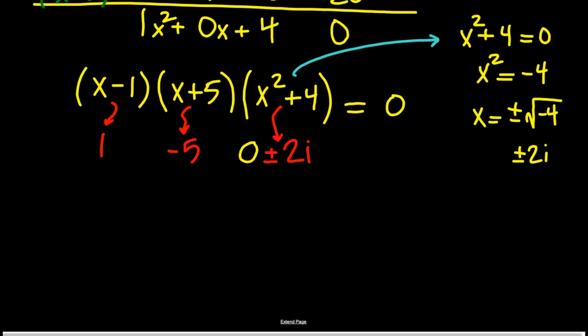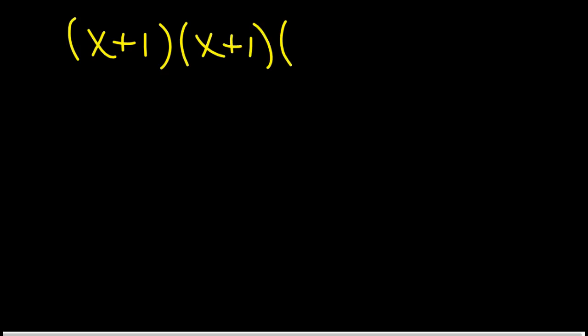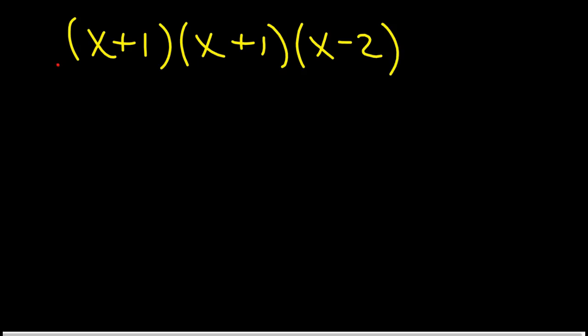All right. There's a couple things I want to talk about that I've seen today, common mistakes. The first one is when you have a situation where you're multiplying a couple binomials like this, I see this all the time.